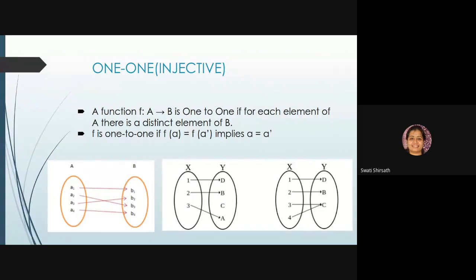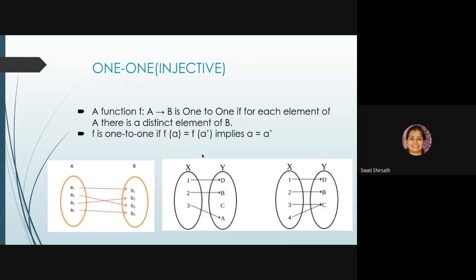We have calculated this. Even for this f of x is equal to 2x, suppose this mapping is from Z plus to Z plus, positive integers to positive integers. So 2x is equal to 2y. If I write f of a is 2x and f of a dash is 2y, then I cancel out that 2 and what I get is x is equal to y.